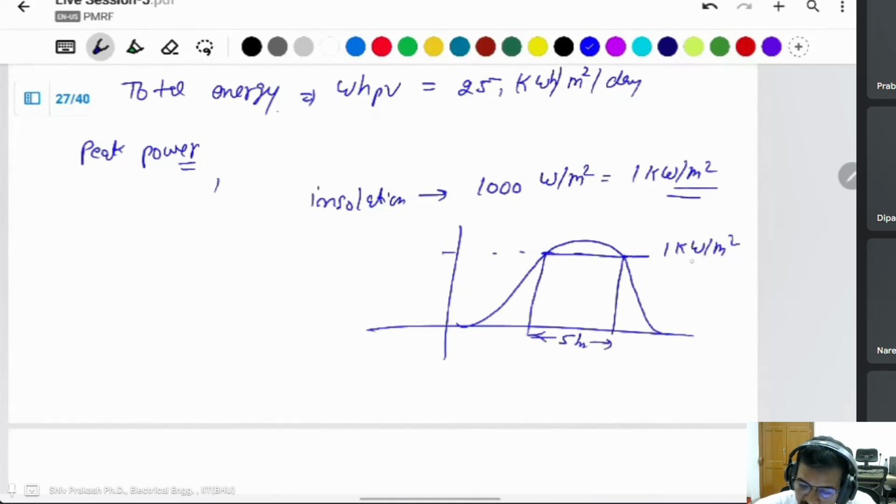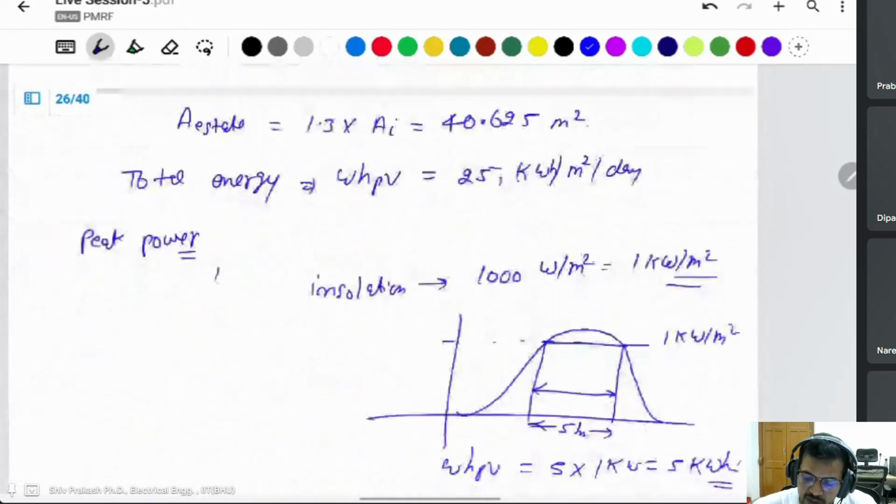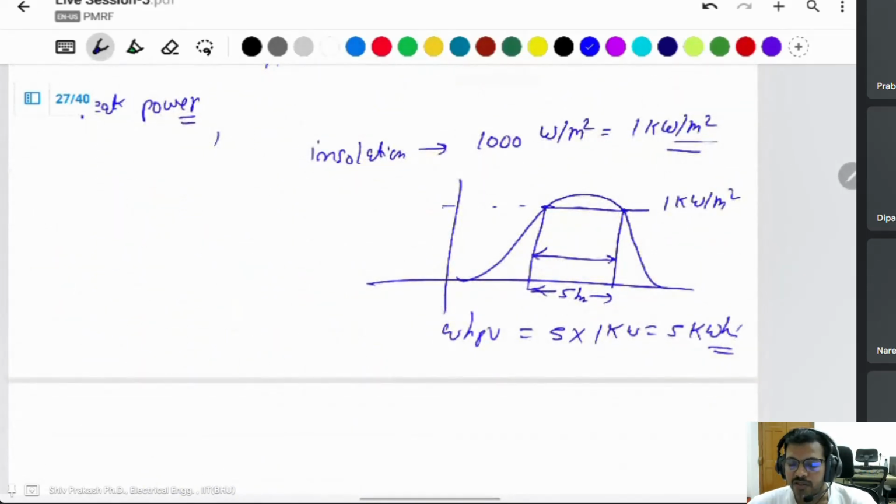That's why total watt hour PV is 5 hours into insulation of 1 kilowatt. This will be 5 kilowatt hour per meter square per day. In a day, the hour calculation is 5 hours only, because it is the standard insulation of 1 kilowatt.